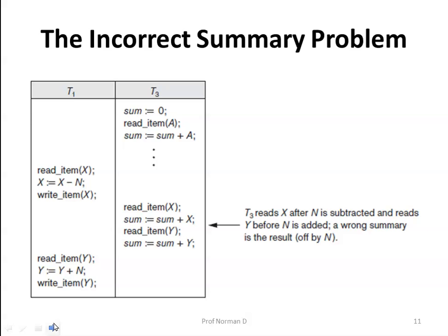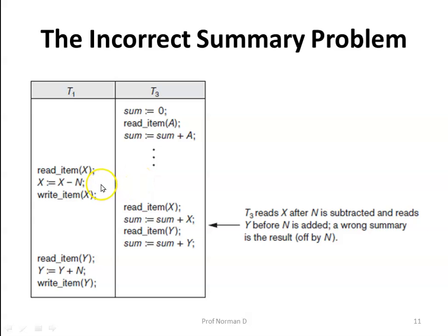Now the next type of problem that we face is called the incorrect summary problem. Here we have transaction T1 and transaction T3. If one transaction is calculating an aggregate summary function on a number of database items while the other transactions are updating some of these items, the aggregate function may calculate some values before they are updated and others after they are updated.